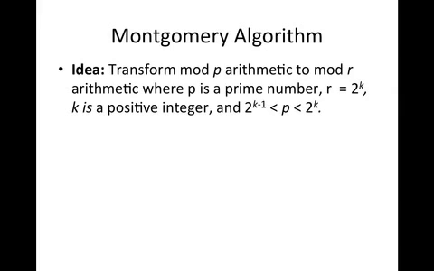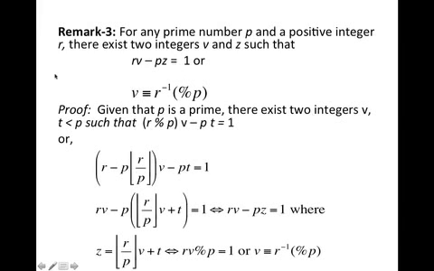discovered earlier, where all of our mod p computations can be converted into mod r computations, where I can pick this r to be some power of 2, which in this case is 2 to the k, and I can place my p between 2 to the k minus 1 and 2 to the k. Remember, the r I picked in the earlier proof had no restriction on it.